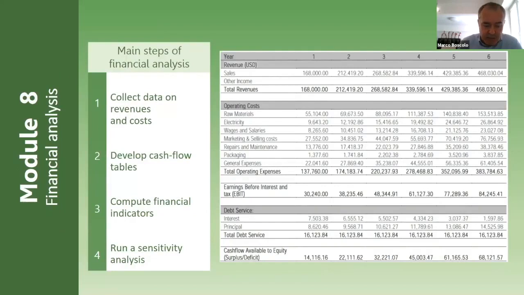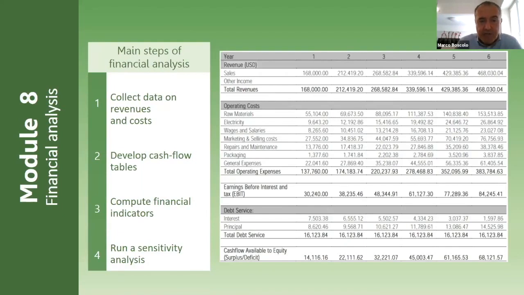We move on to the next one, which is actually the heart of your business plan, a financial model that organizes your costs, your revenues, and your anticipated risks.